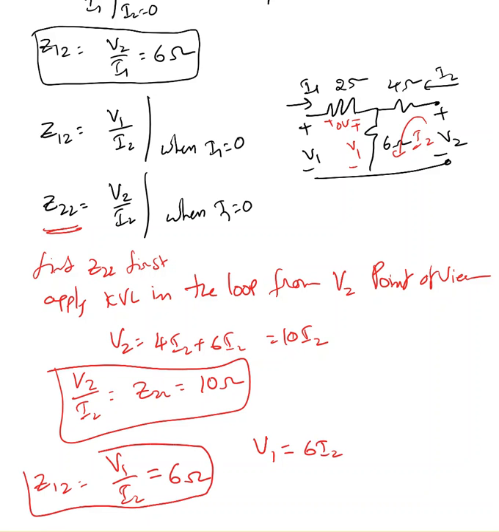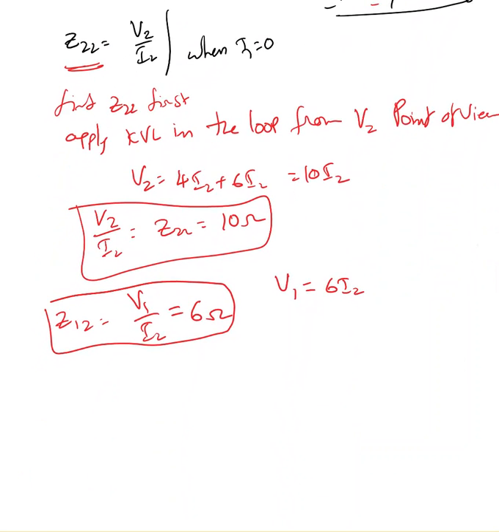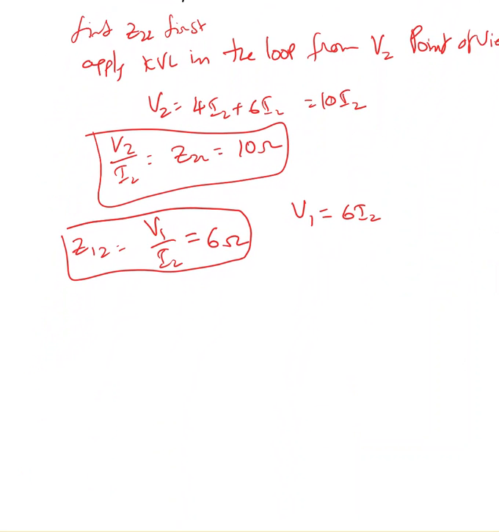Now in this circuit, I have Z12 and Z21, both 6 ohm. So as long as Z12 equal to Z21, we can represent the given circuit as a T model.